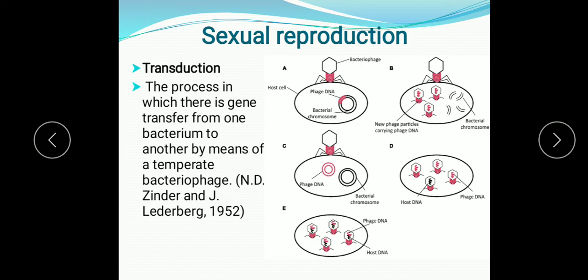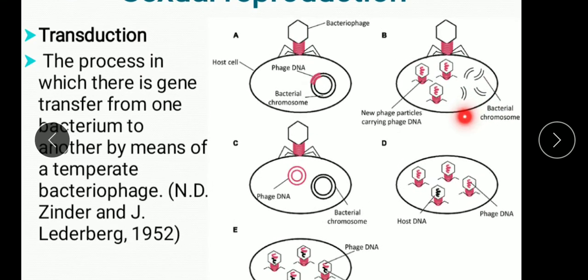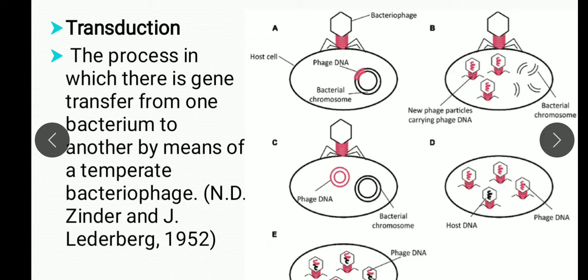So this phenomenon was discovered by Zinder and L. Lederberg in 1952, and they did it in Salmonella typhimurium, the bacterium Salmonella typhimurium. What is done in this? In this transduction, a small piece of bacterial chromosome is incorporated into an attacking phage particle, and this is the phage particle.